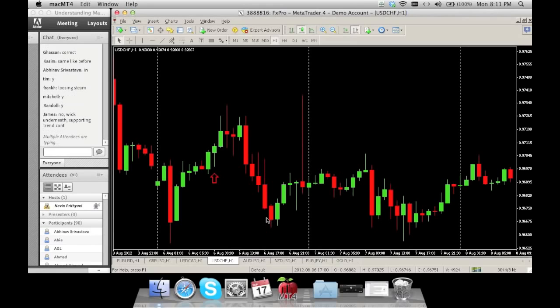Okay. We have a lot of okay, no wick underneath, supporting trend continuation. Okay. Remember, just focus on a couple of things. Only a few things. Is there a trend? Yes. Second question. Is it bigger than the previous candle? If you have to think twice about it, don't trade it.